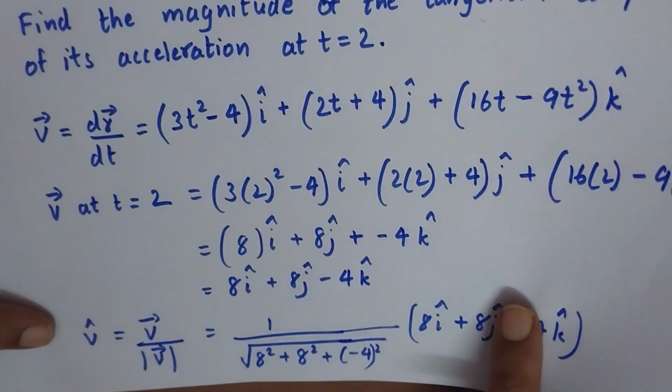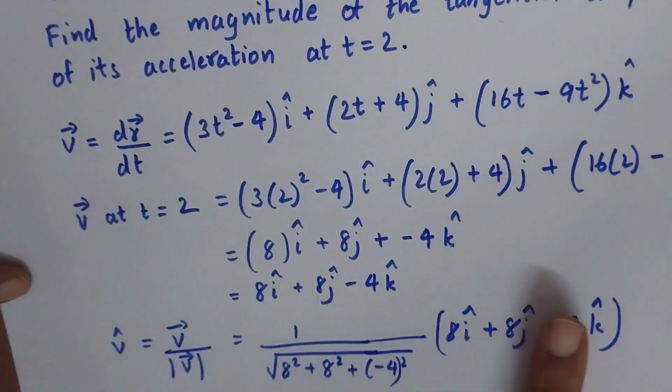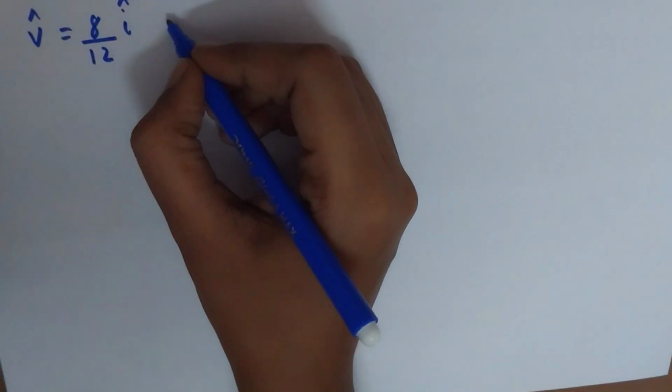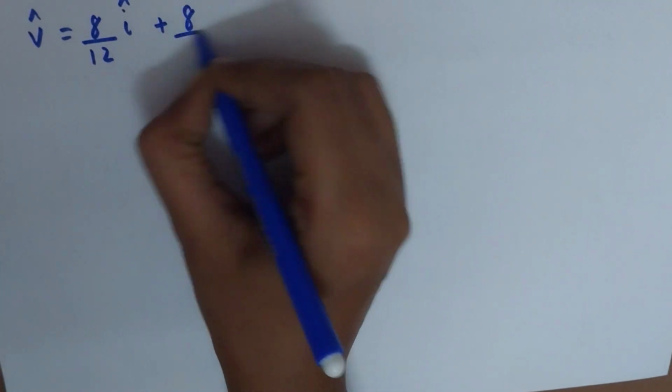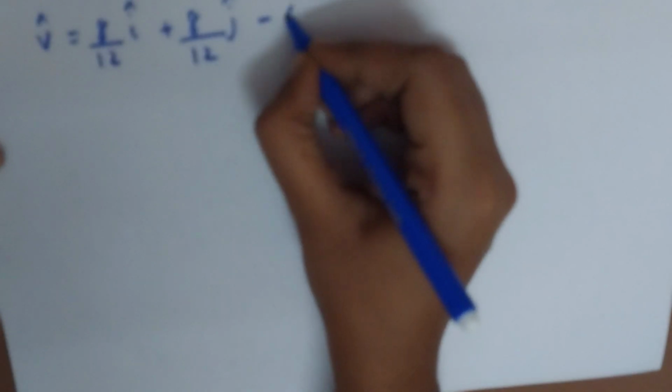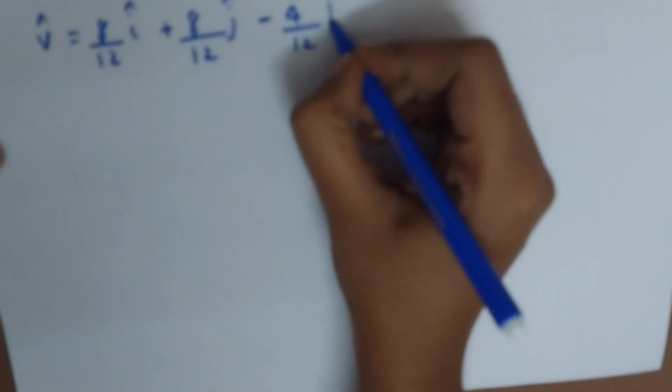So the unit velocity vector v cap is 8 by 12 i cap plus 8 by 12 j cap minus 4 by 12 k cap.